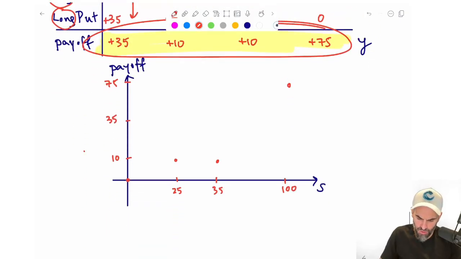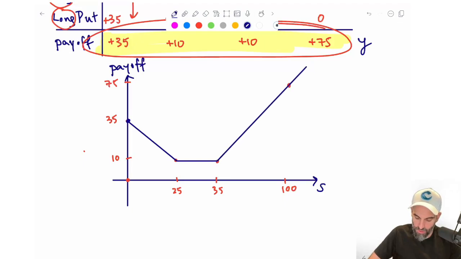And then you just connect your dots. So 35 is up here. So 35, 10, 10, 75, and then you typically will extend out the last leg. So it's showing you that as the stock price is rising, your portfolio's profit is rising with it.